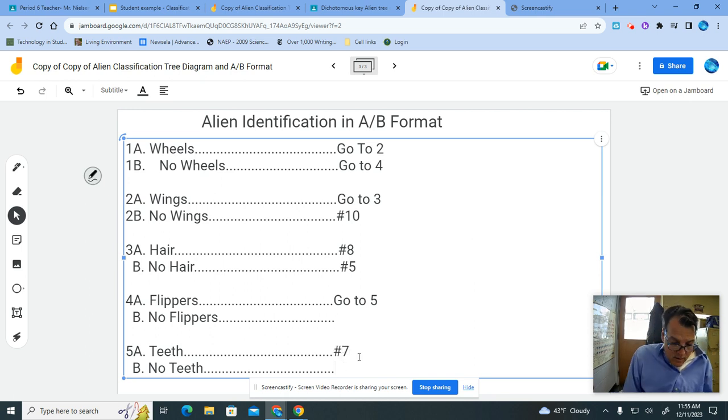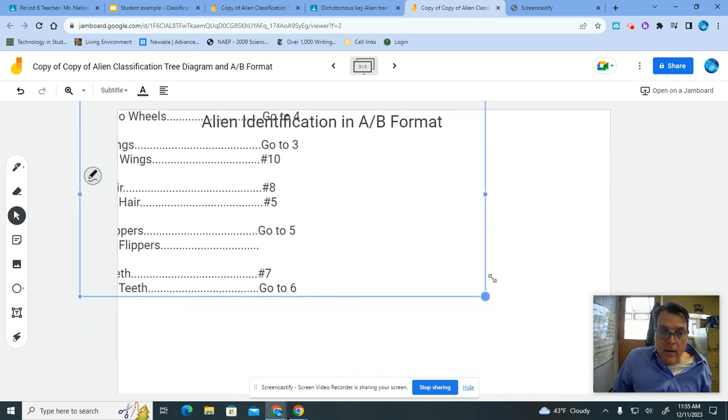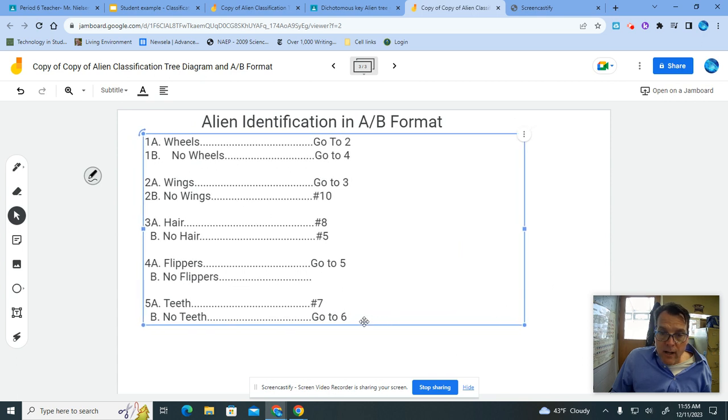Okay, go to 6. And I'm running out of space here, so I'm going to make this a little bit smaller. See if I can do that. There we go. This way I'll have room here.